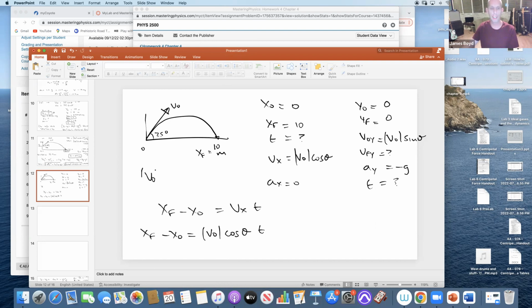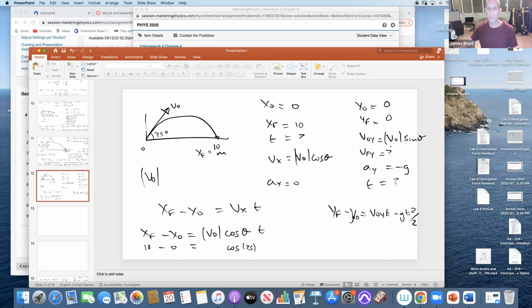They're asking us to find our v naught. We know x final is 10. We know x initial is 0. We know this is cosine of 25. We don't know t and we don't know v naught. So we need to find t from our y equations. And we don't know v final. So that tells us we go straight to this one, the only y equation without it.